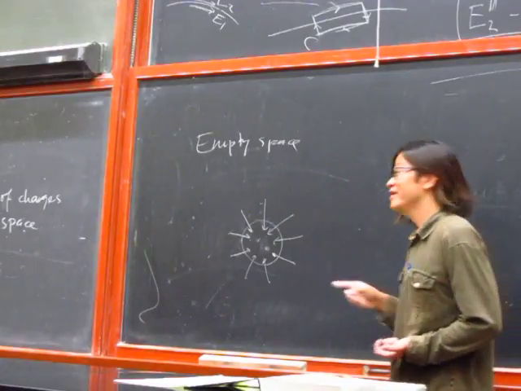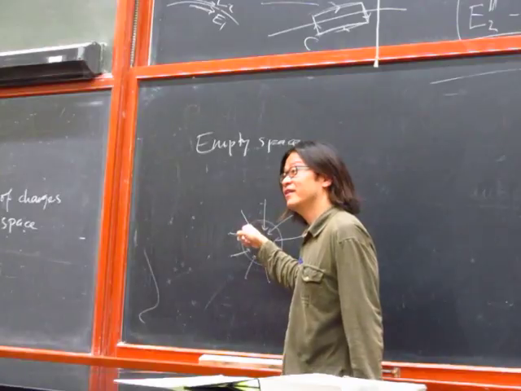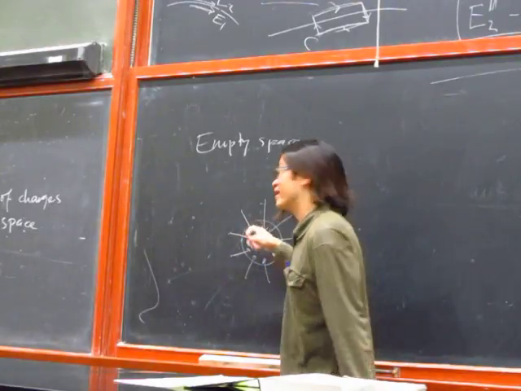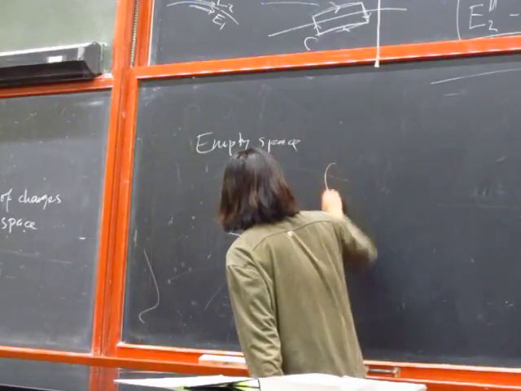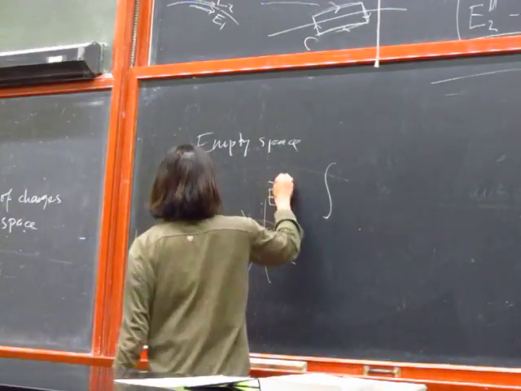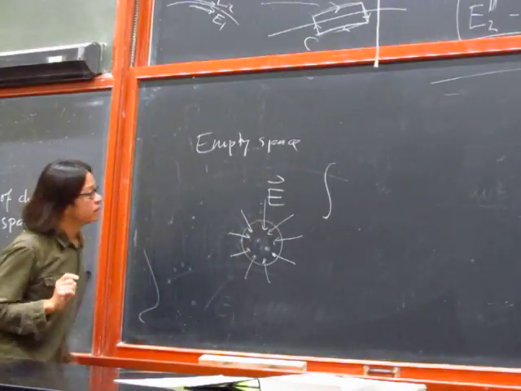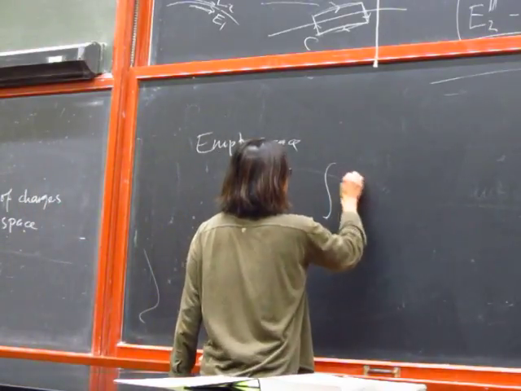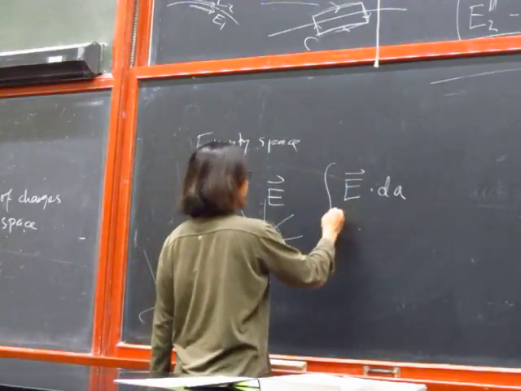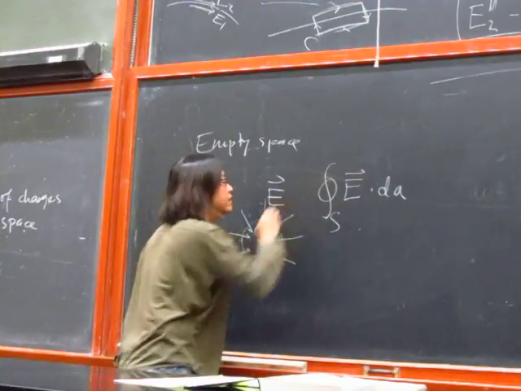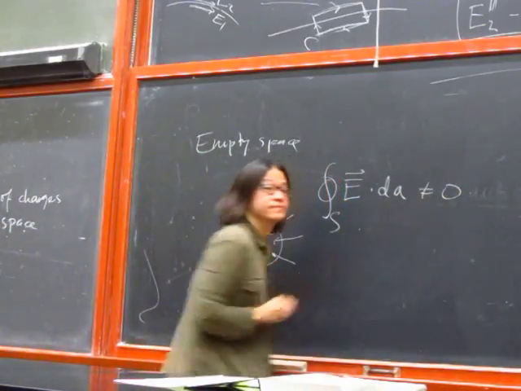Only in this configuration can you trap plus Q inside that region. If that's the case, then the line integral, so this is the electric field on the surface S, around the closed surface cannot be equal to 0.